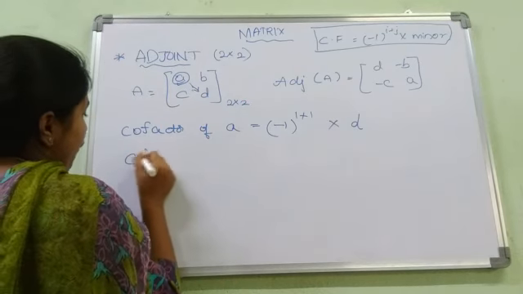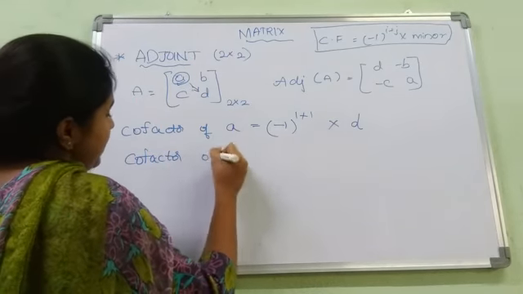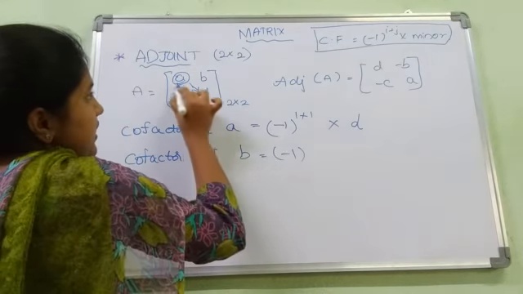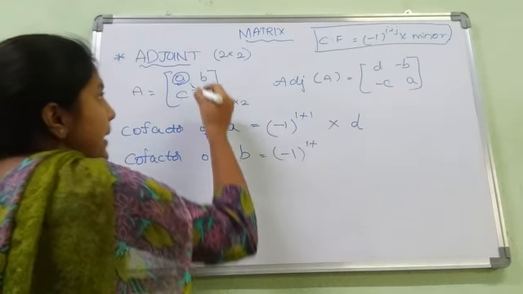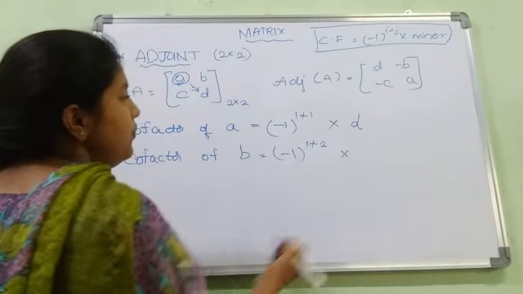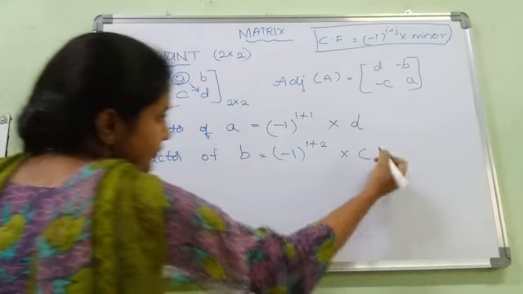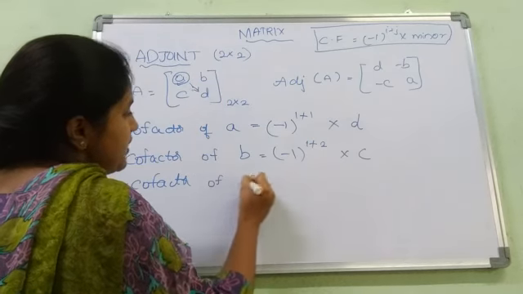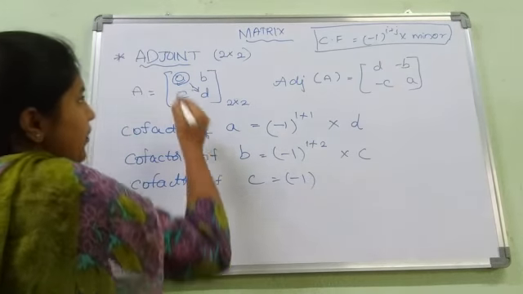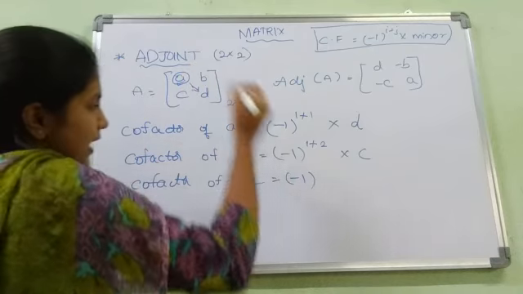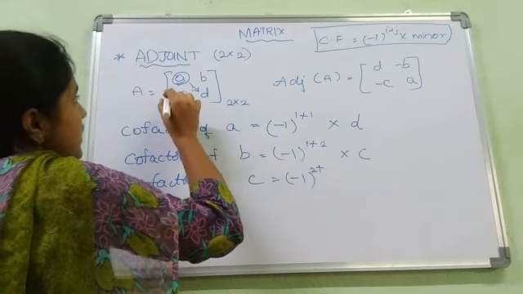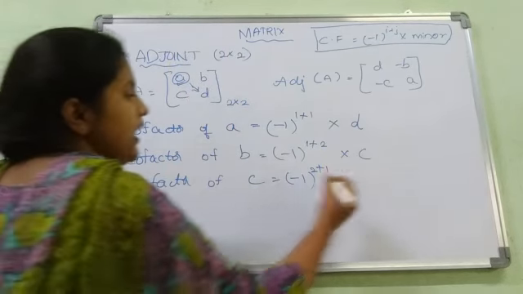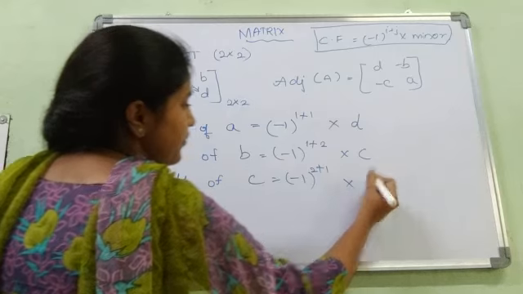Now, the cofactor of the next element, that is b. It will be (-1) to the power of first row, second column, into the opposite element, c. Next, the cofactor of element c will be (-1) to the power of second row plus first column, into the opposite element, b.